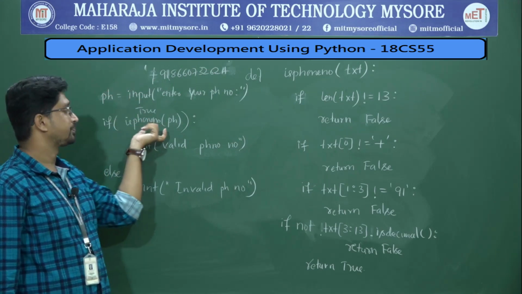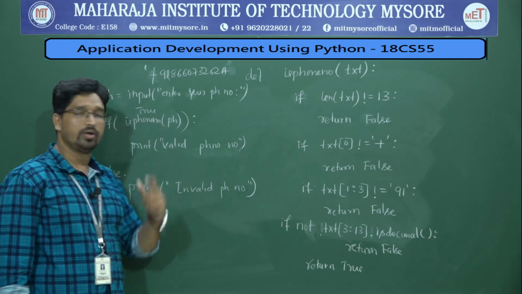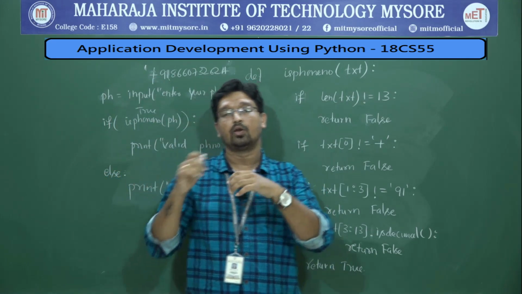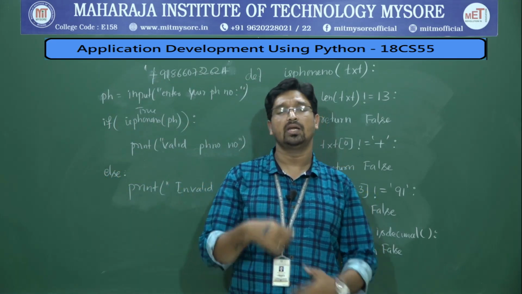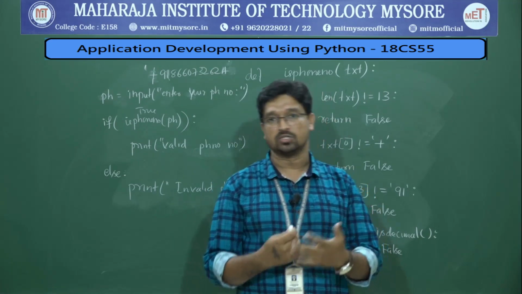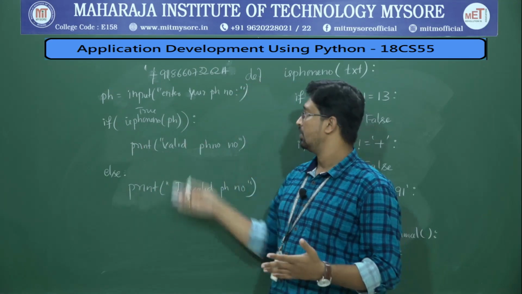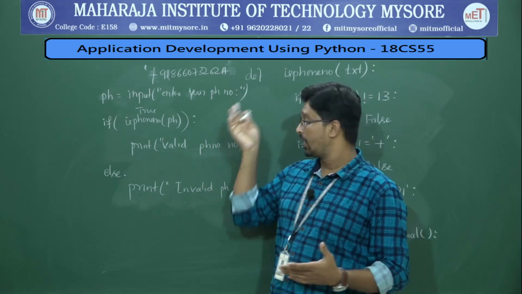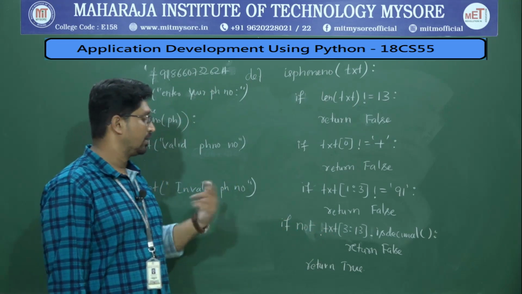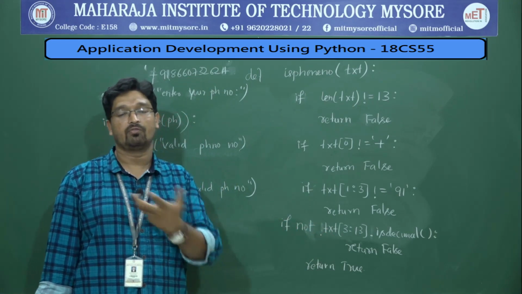So you will get an invalid phone number. This is how you recognize a particular pattern manually without writing any extra regular expression functions. It is a tedious job. To recognize a single phone number, I have to write this much code. This is a very difficult job for me to identify other characters.